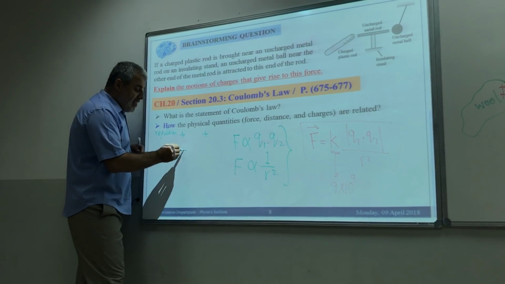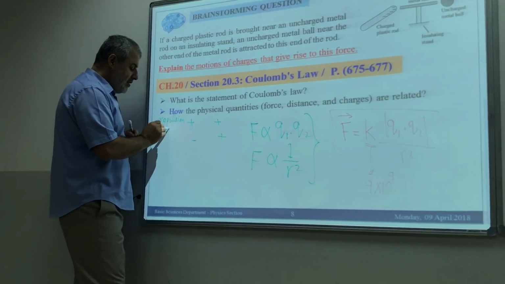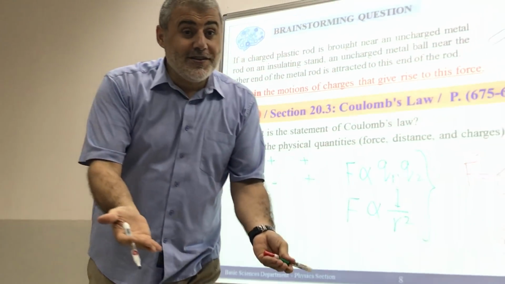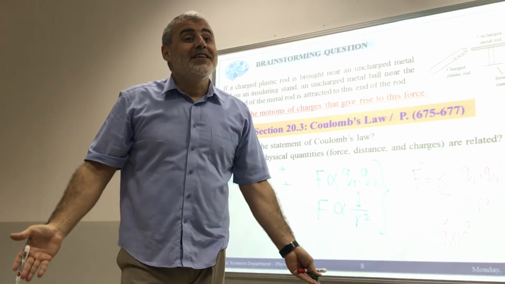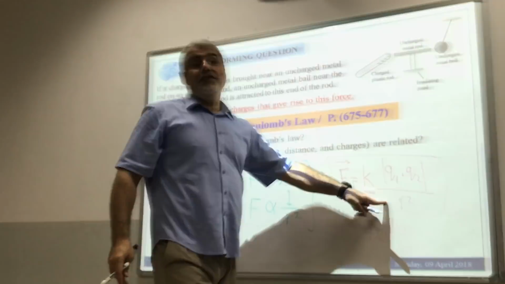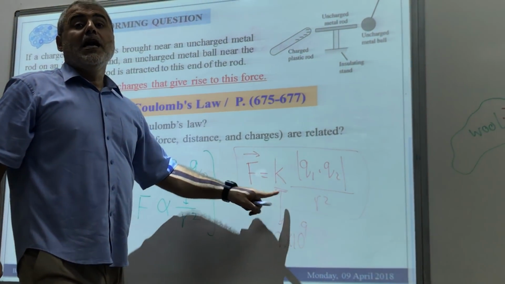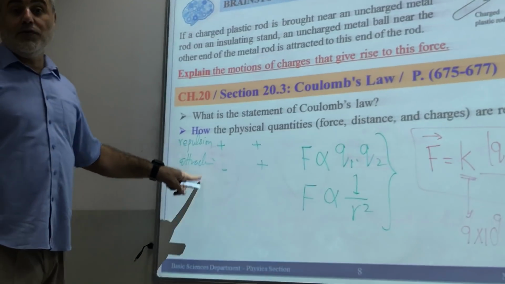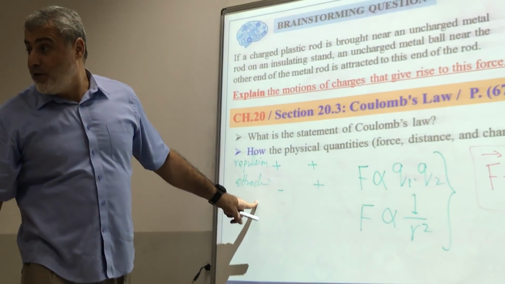If it is negative and positive, you will tell me this is attraction. But the amount of force is the same, Shabab. So this will give me simply the magnitude of the force. What type of force is it? Here we just put it according to the sign.